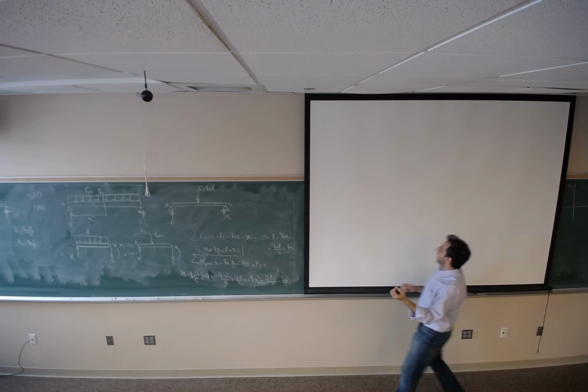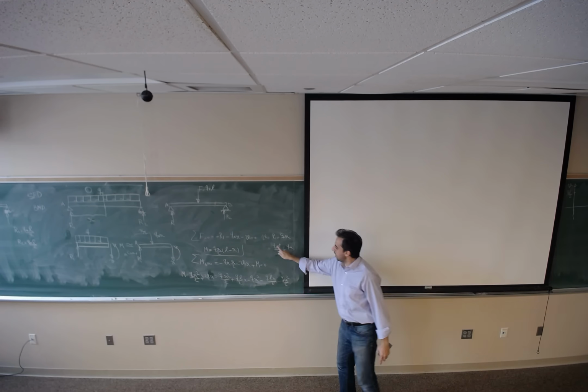So at X equals 0, a starting point, I will get V equals QL over 2, positive. At X equals L, I will get QL divided by 2 minus QL, which is negative QL divided by 2.